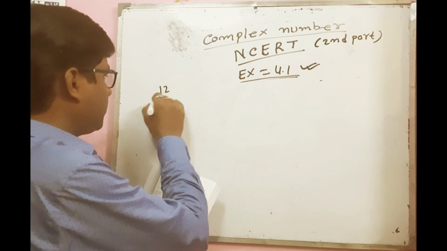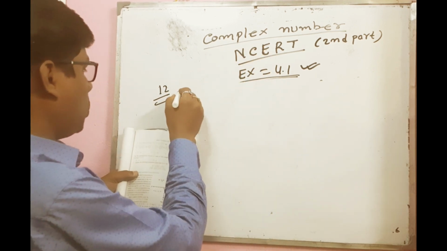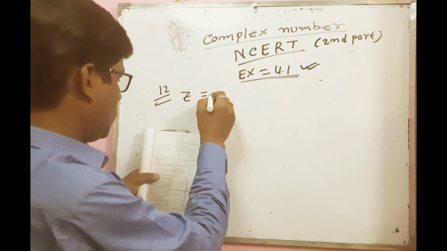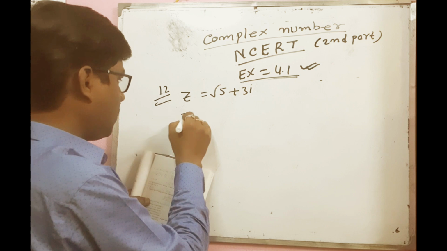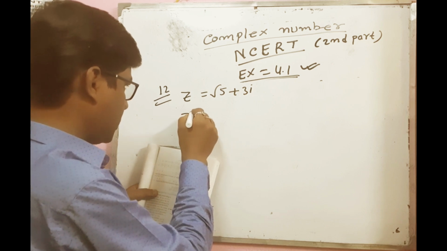Now 12. Suppose z is equal to root 5 plus 3i, then the multiplicative inverse of z.